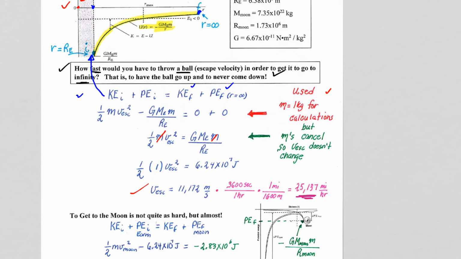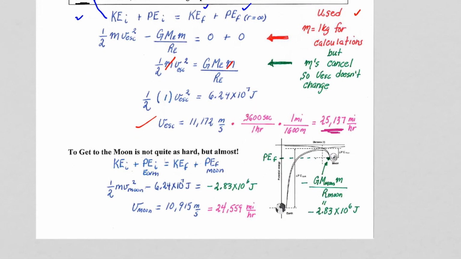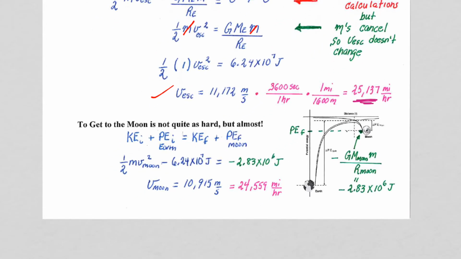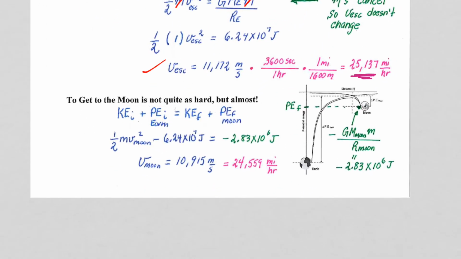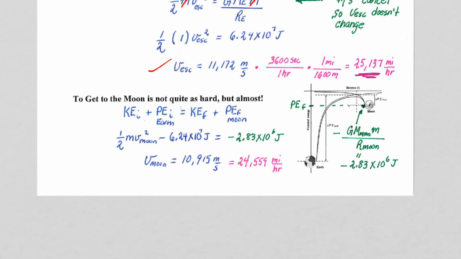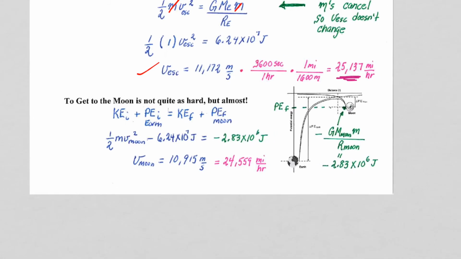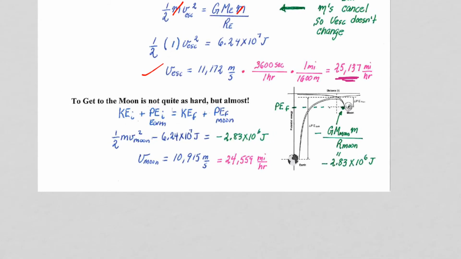And I have just an interesting little example here for us to look at. I think it's illustrative of how the actual potential energy function for the Earth works by looking at how hard it was to get to the moon. Because the moon is not quite as hard as infinity. The moon is not at infinity. The moon is 238,000 miles away.